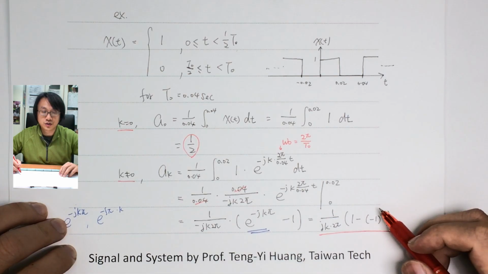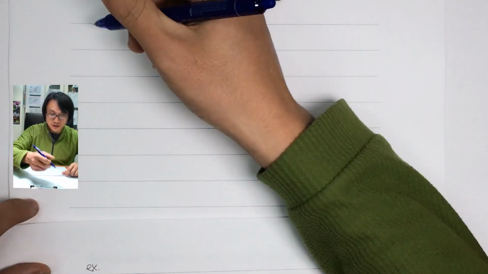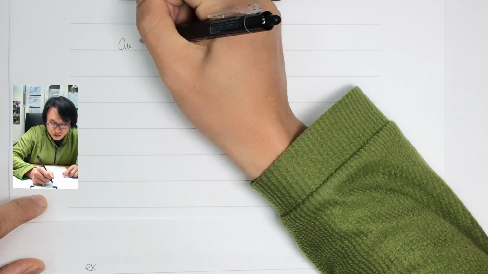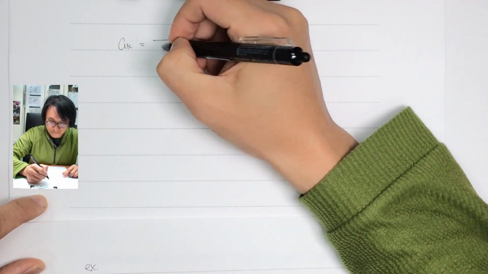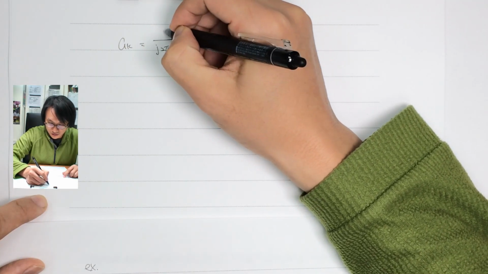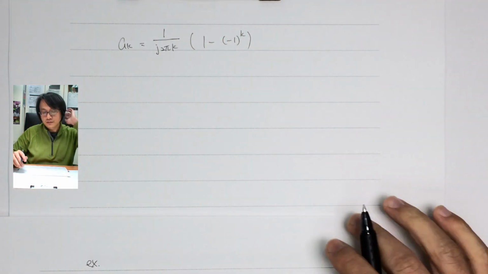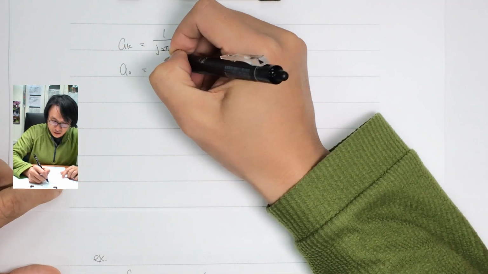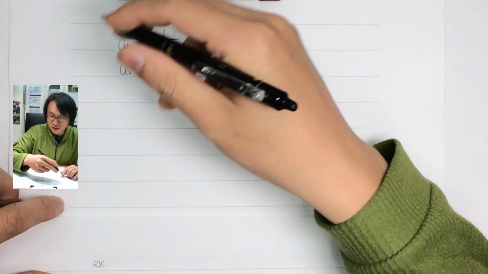For even k, it's different, so the result we just got is a_k equals 1 over j 2 pi k times 1 minus negative 1 to the power of k, and a0 equals 1/2. This is the cleaned up expression.